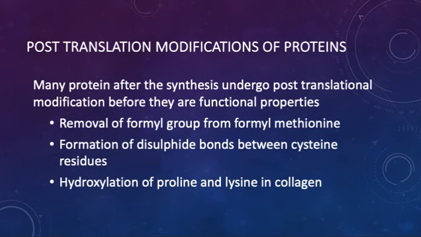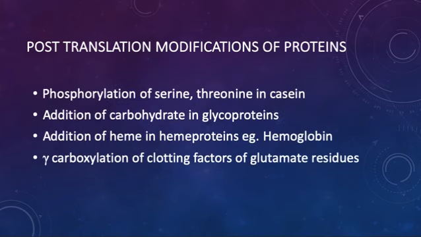Then you have the formation of disulfide bonds between the cysteine residues, and also the hydroxylation of proline and lysine in collagen. That is also another post-translational modification of protein. And then you have the phosphorylation of serine and threonine in casein.